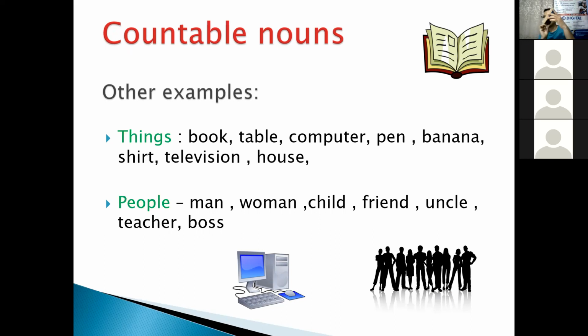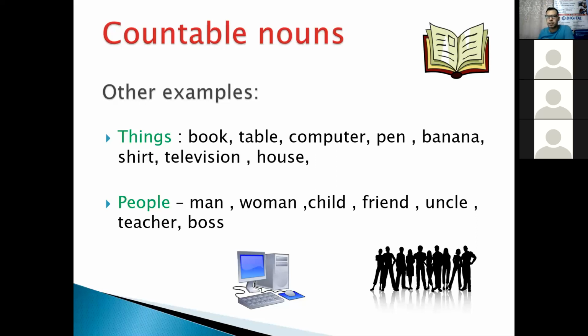This is a pocket dictionary. This is countable because I have one, but I can have 2, 3, or 4. Now I have two books here. One book, two books. Now this is countable.